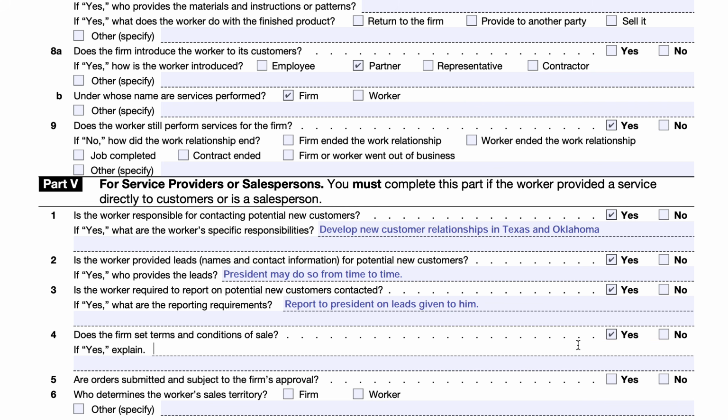Let's just say that there's a minimum price and quantity for orders, minimum dollar amount, net 30 terms, whatever the case may be. Are orders submitted and subject to the firm's approval? Yes, no, maybe so.